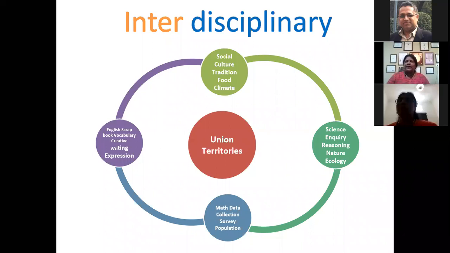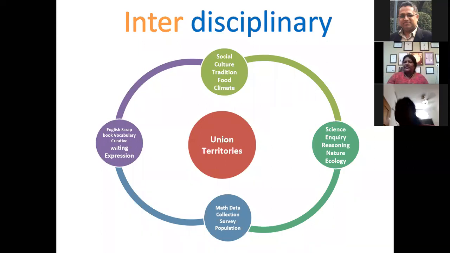For example, you are teaching them union territories. When you are teaching union territories, of course, when it comes to the social side, there is the culture, the tradition of that place, the climate of that place. So that comes under social. Then you have science, inquiry, reasoning. What's the nature? What is the economy of that place?